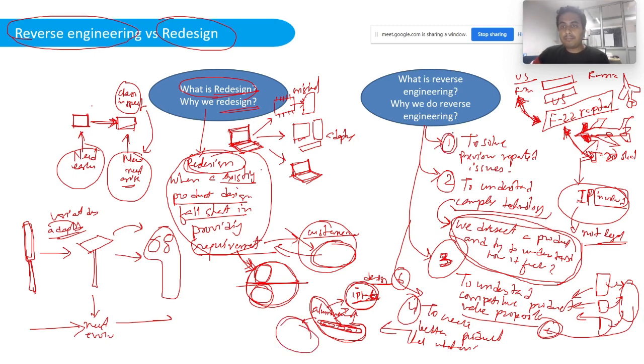So am I clear? We have four motivations. One is, as you said, to solve previously reported issues, which is your own product. If you face certain technical issues, you do reverse engineering. You go back and check where you did wrong and you correct those. Second is to understand complex technology.